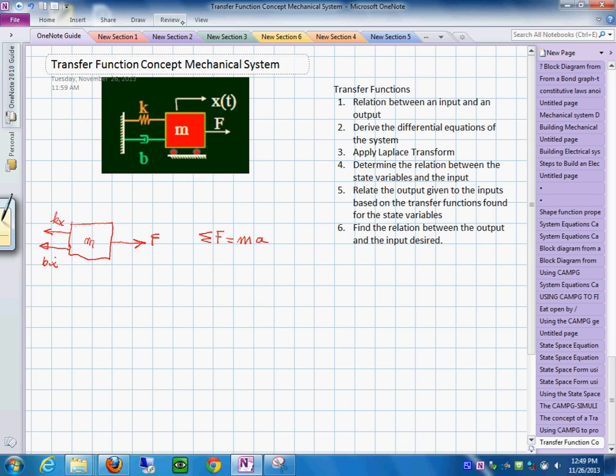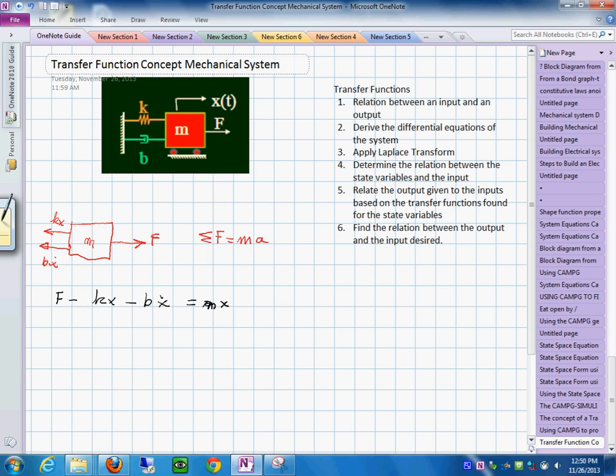So we say F minus K times X minus B times X dot equals, or you can say F is equal to... No, this is not 0.